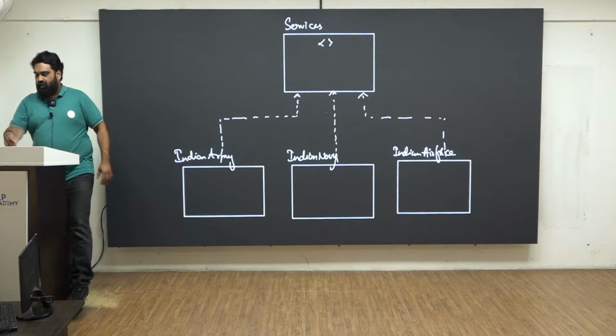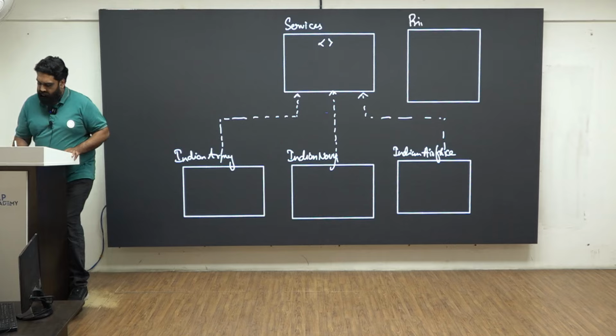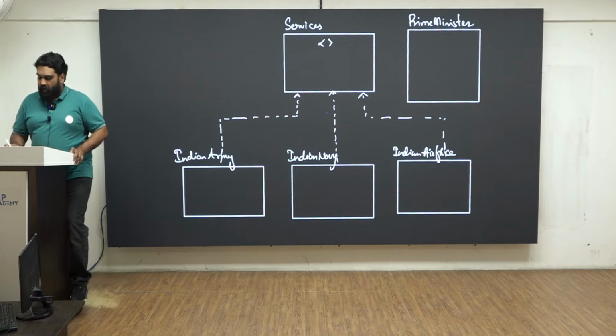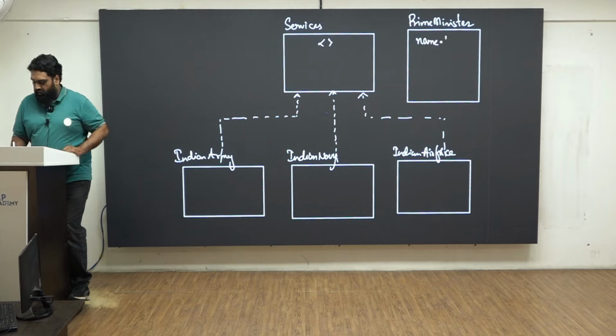Now I will also have one class called the Prime Minister class, in which I will have one variable called name, where I would have set the name as Namu.